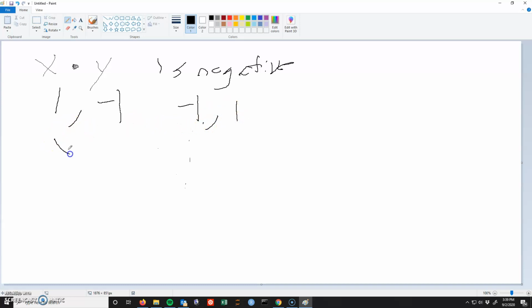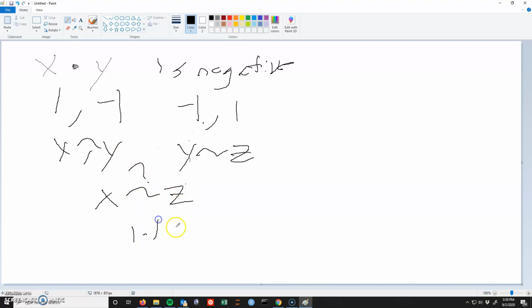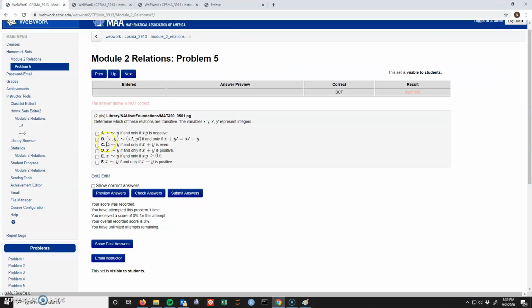And if I think about transitivity, that is x related to y, and y related to z. Then I ask myself, is x related to z? And you should tell me no, because that would be 1 times 1, and that is positive. So the first one is not transitive.